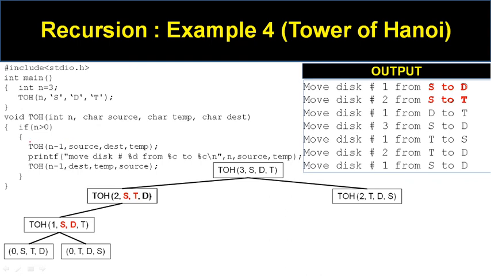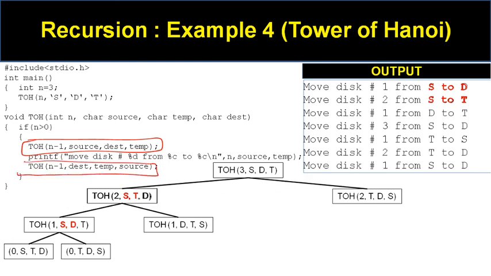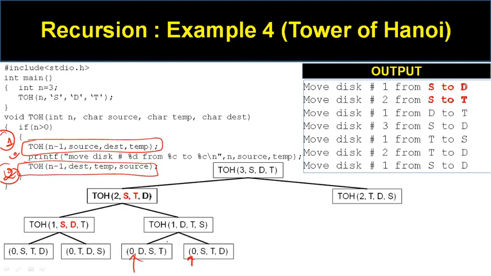So now it will print, it will go to this part, because this number 1 is over, printing is over, and now it will go to the second one. In the second one also, when this is 0, it will come back and it will print D to T. Now this whole part is over. Let me erase everything.